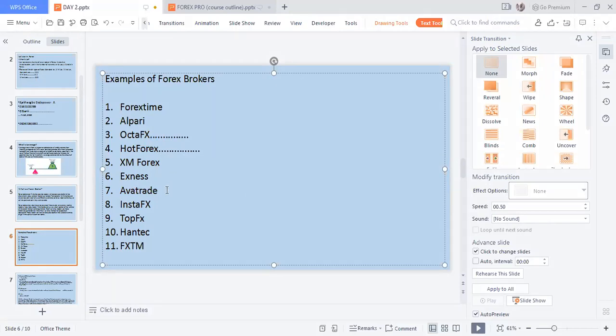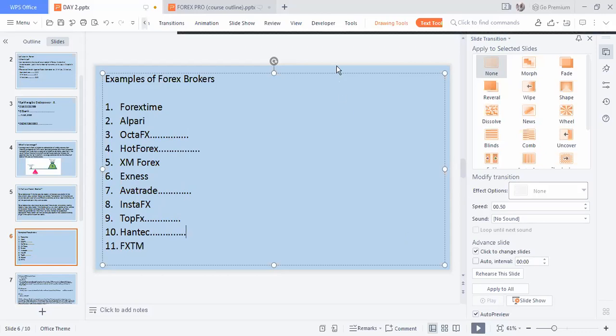Hot Forex is part. Avatree is a very good broker firm. TopFX is very perfect. Antec is very good. Now, class, I repeat, I'm not saying others are not good. If, for instance, you ask me which broker firm do you use, Mr. Gospower? I use Hot Forex.